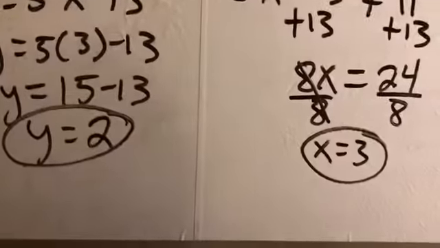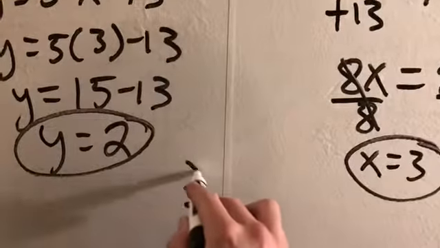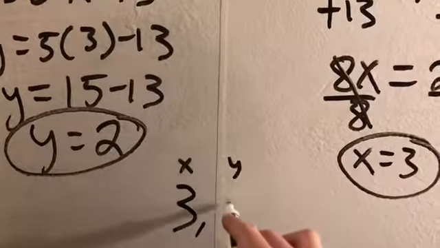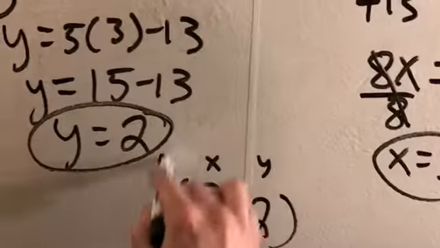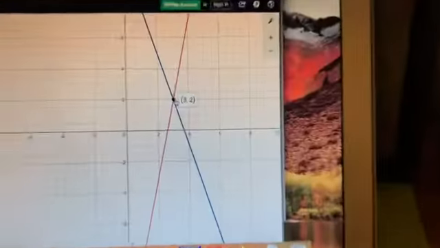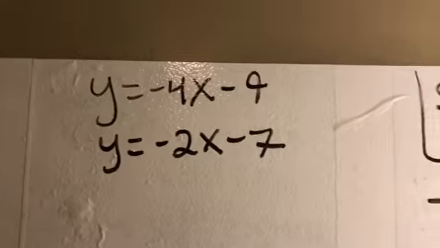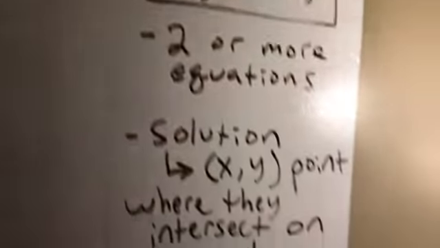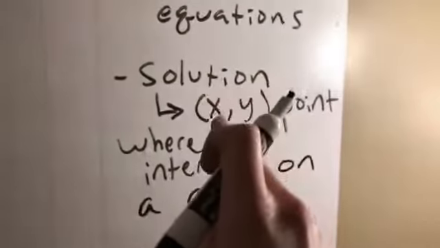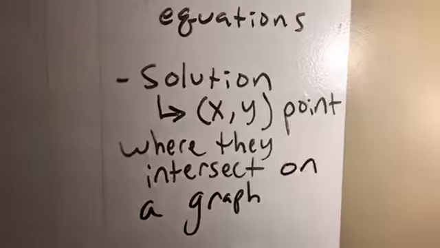And as your final step, you should always write your answer as your x, comma, your y. And that's your final answer, which is exactly what we already got on the graph. So I see I have two equations, so I know I have a system, and my solution is going to be the x and the y point where they intersect if we graph it.